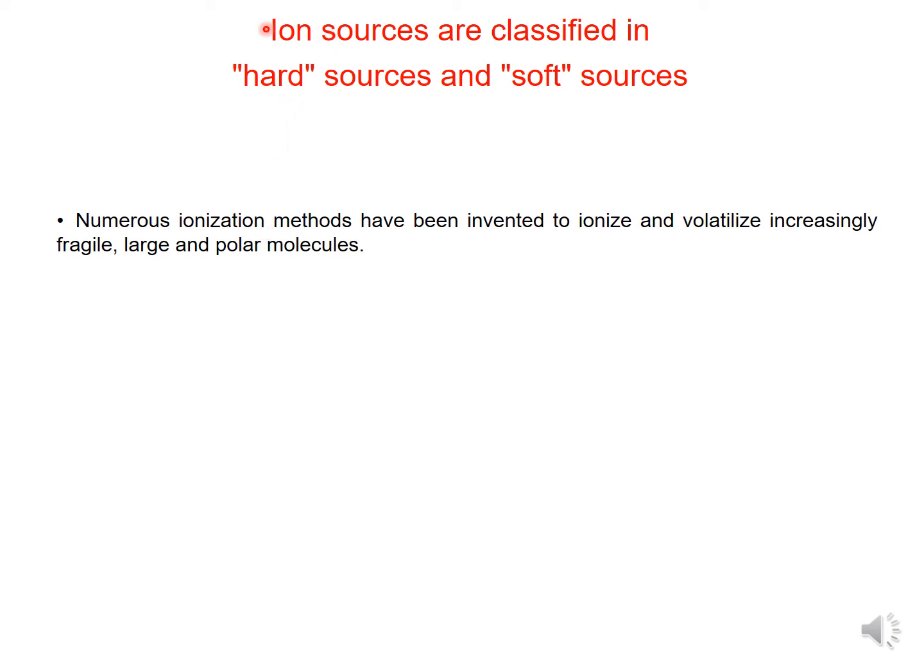So in mass spectrometry, there are different types of ion sources. As I told you, we have to choose the good ion source depending on the nature of our compound. The ion sources are classified in two categories in mass spectrometry: the category of the hard sources and the category of the soft sources.